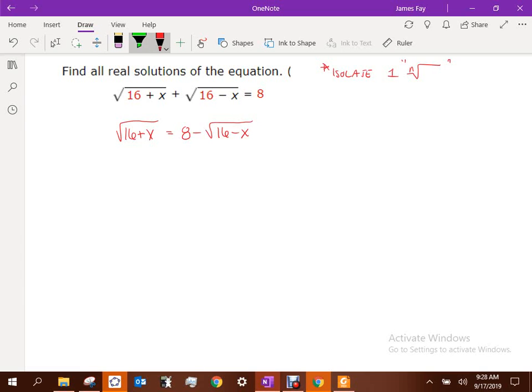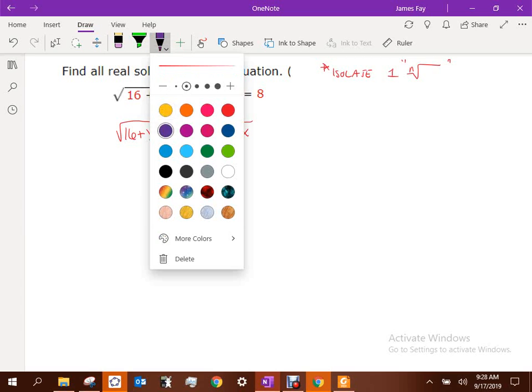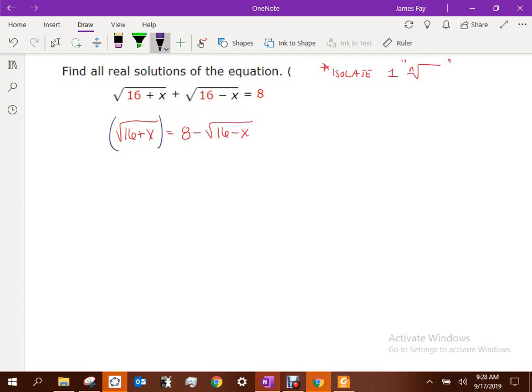So once you isolate one, you then square both sides. So square that, square that. Okay. This is the reason we had to isolate. If I square this now, what's that side become? Just 16 plus x, right? On the right-hand side, now we have a binomial.